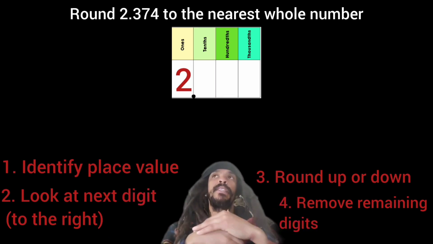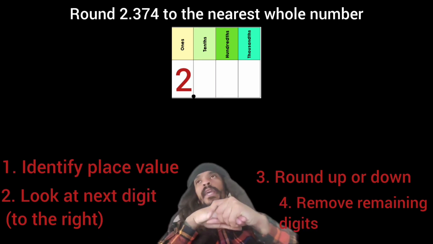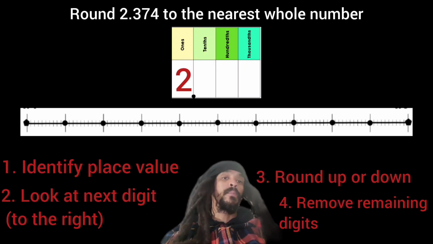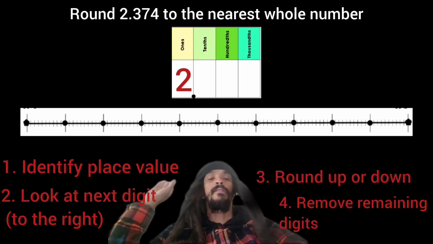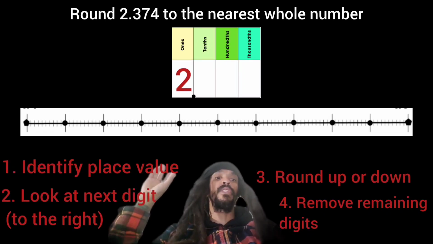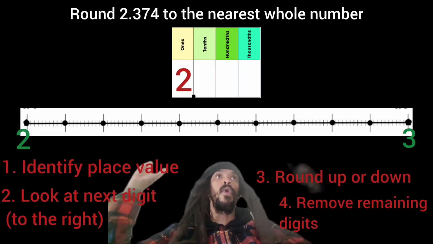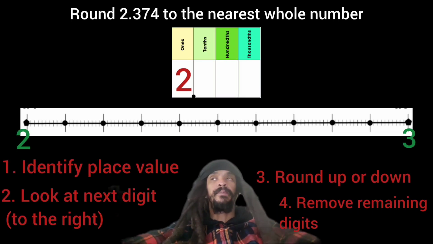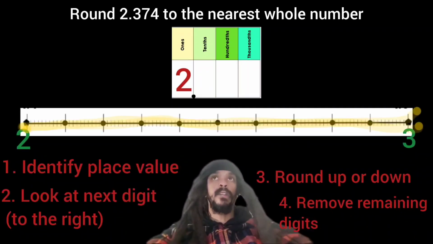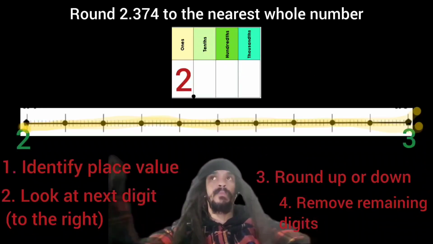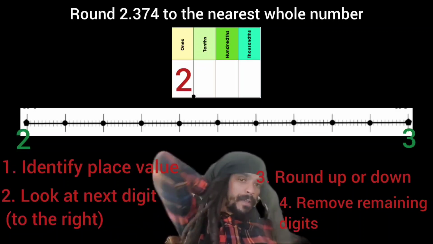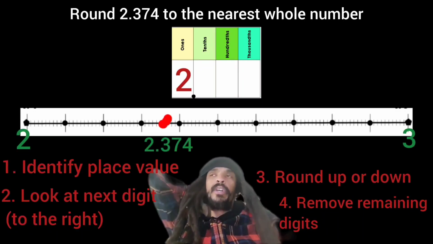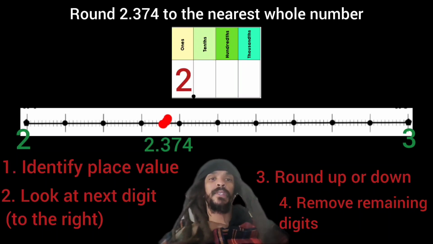Now let's take that same number and check our answer on our number line. Y'all already know, identify our beginning and ending numbers, which in this case would be our consecutive whole numbers, 2 and 3. Let's divide our number line into 10 sections. Let's identify our number, which is 2 and 374 thousandths.